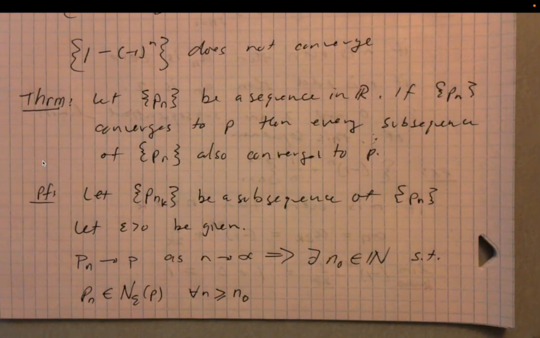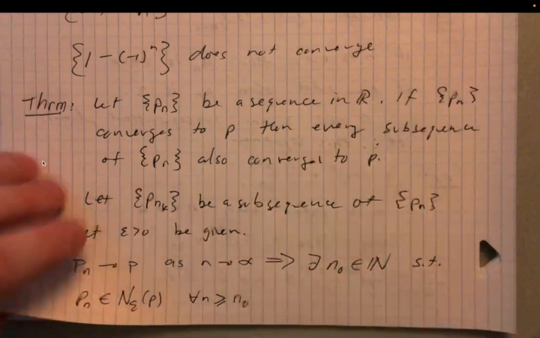That's just the definition of convergence of a sequence. p sub n converges to p by assumption, which means there exists a natural number such that once you get out beyond that natural number, you're within epsilon of the limit.